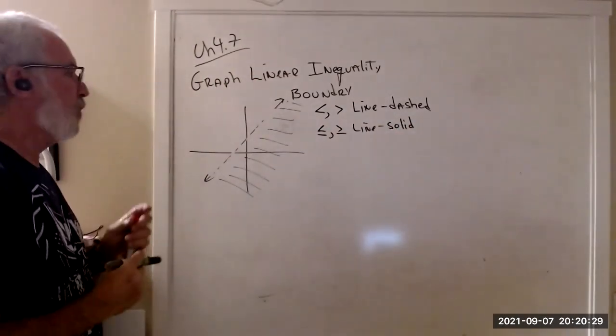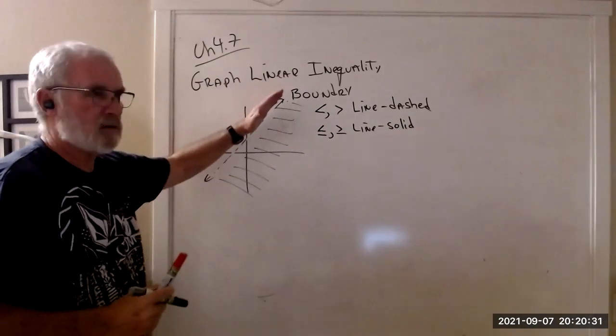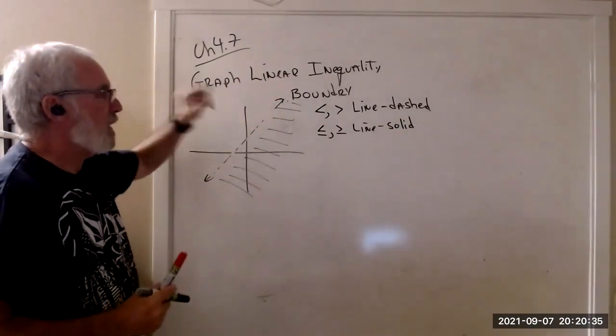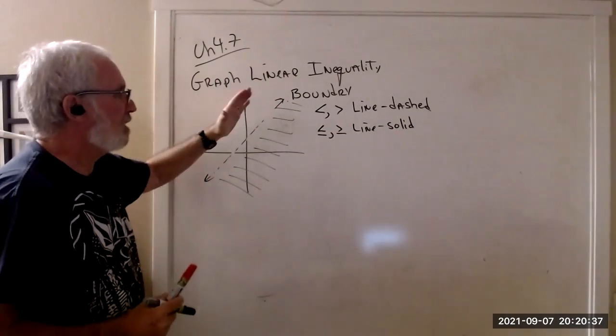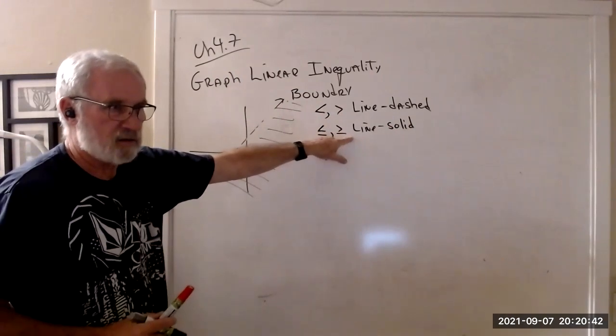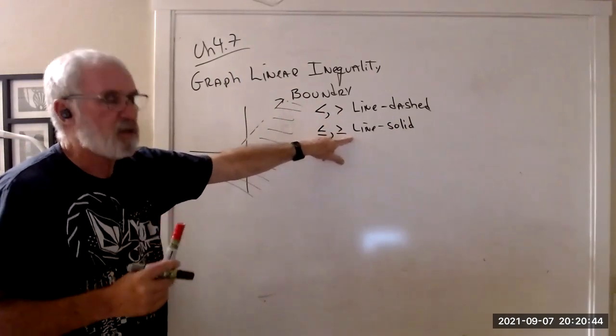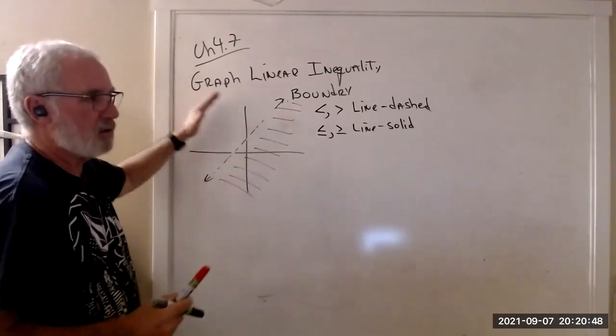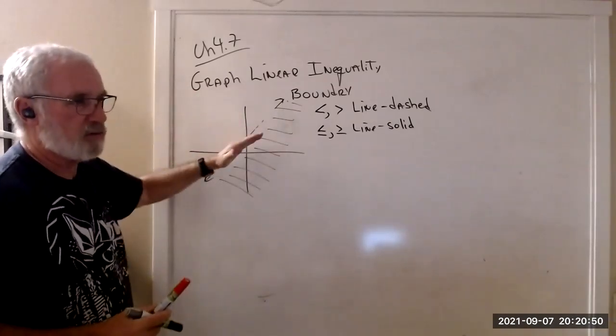Okay, so we're going to draw a line here. And when I draw that line, we have to determine, is it a dashed line or a solid line? That's number one. Number two, on what side of the line do I shade?